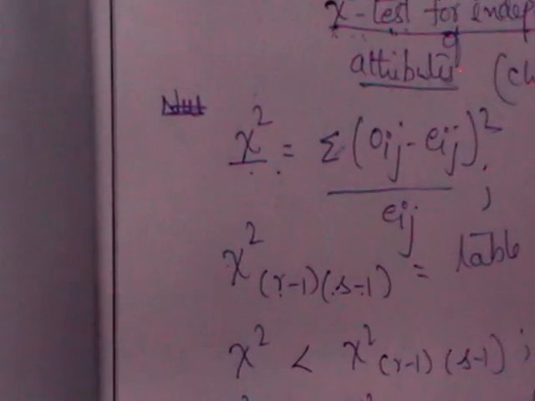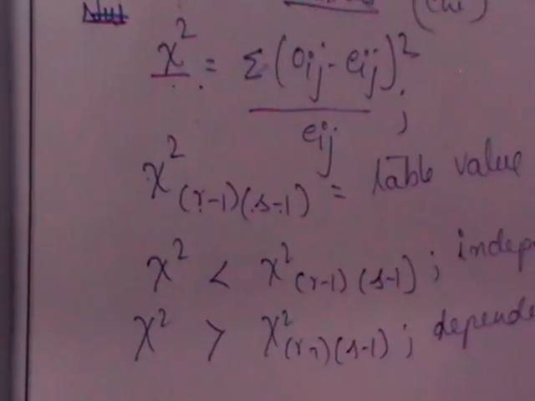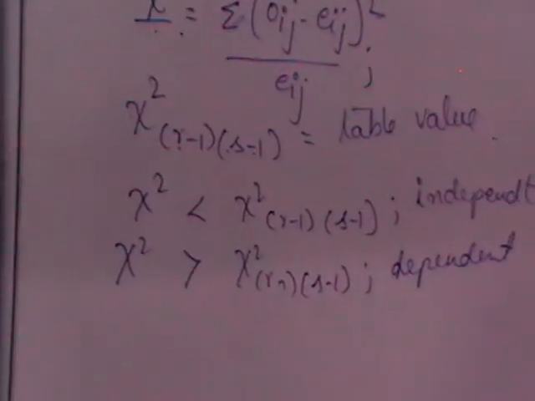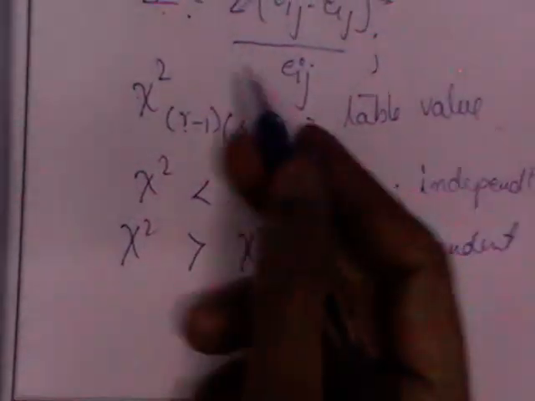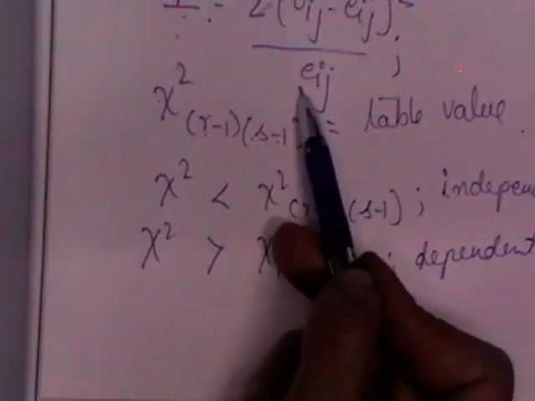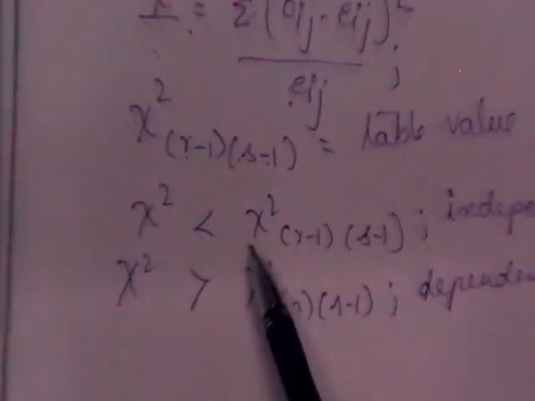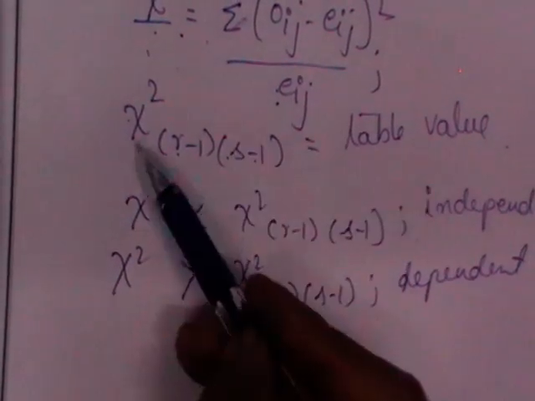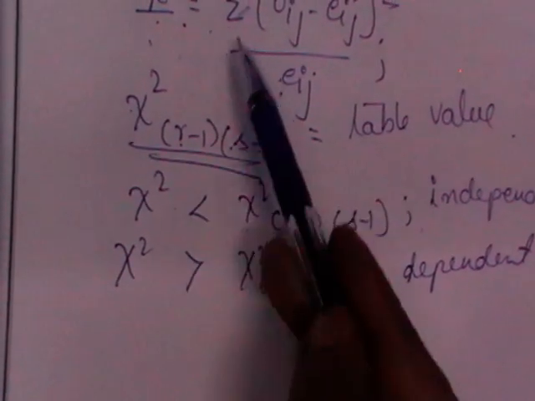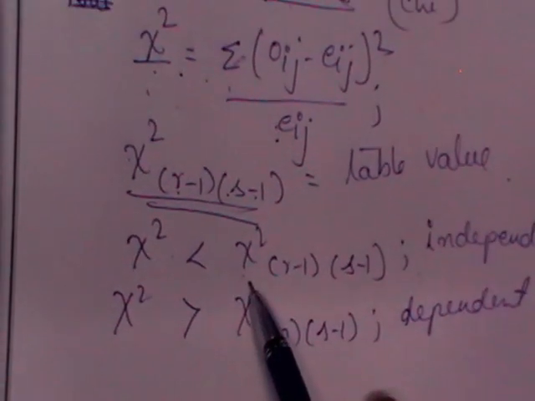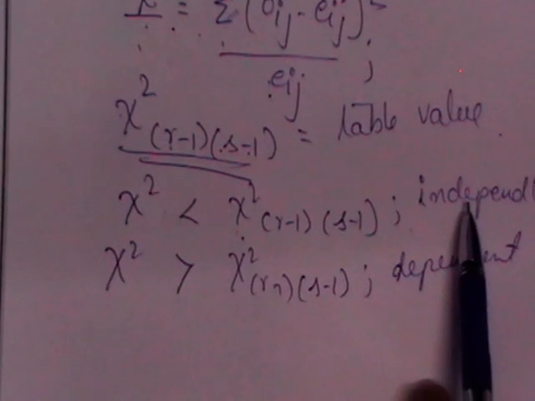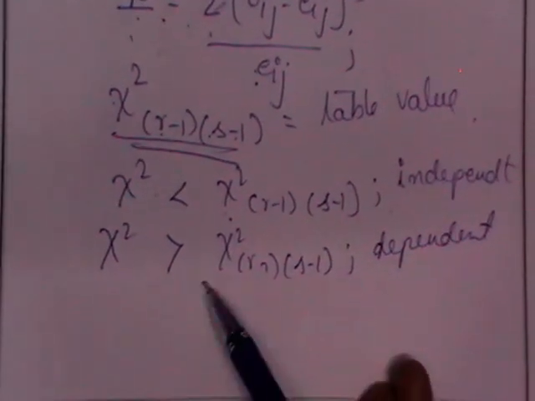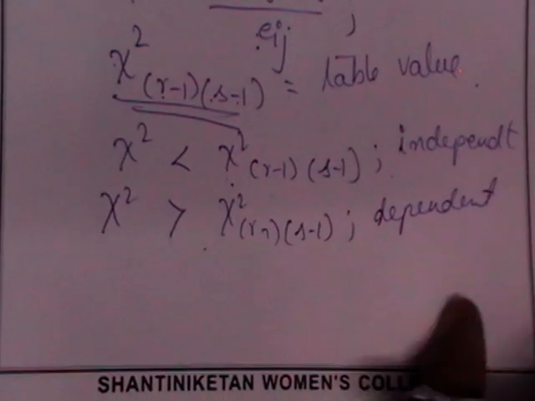So to test whether the two attributes are dependent or independent, we use the chi-square test. The formula for chi-square is this. To conclude, you need to compare with the critical value. Whenever this calculated value is less than this table value, we say that the two attributes are independent. Otherwise, we say the attributes are not independent.